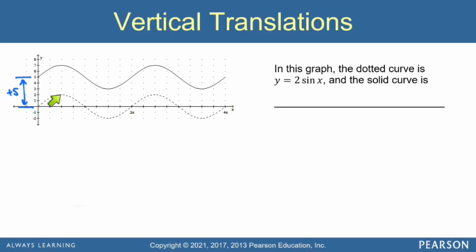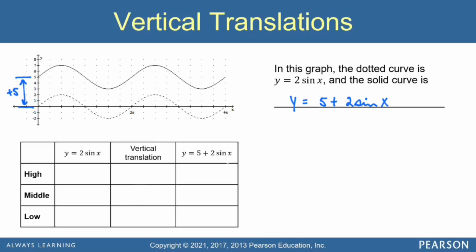The high point on the original graph was 2, and the high point on the translated graph is at 7. So all the way across the whole graph, every y value from the original function has been moved up 5 units. And that means we can represent the solid curve by saying y equals 5 plus 2 times the sine of x.